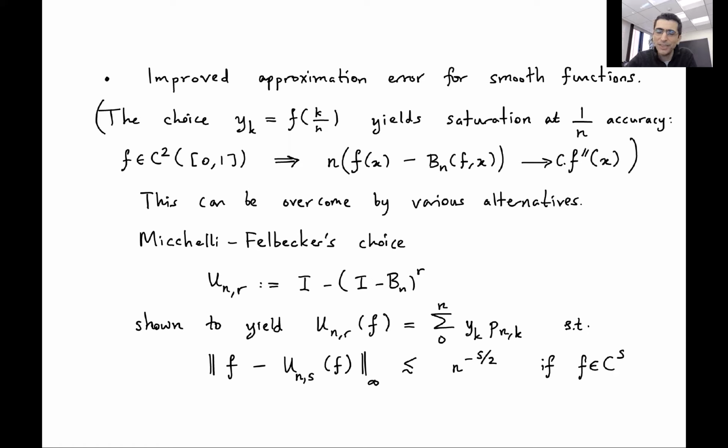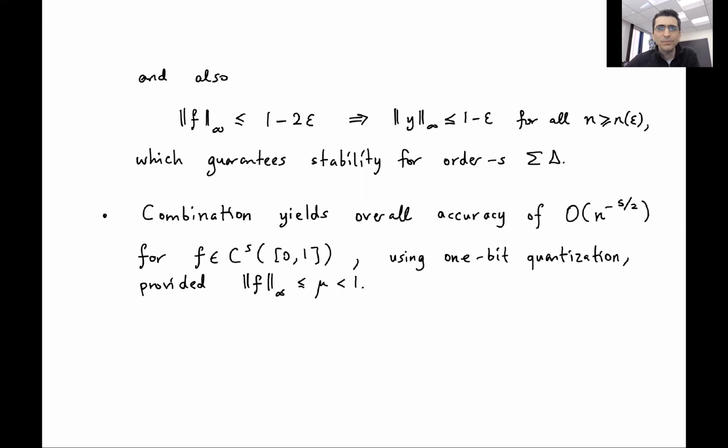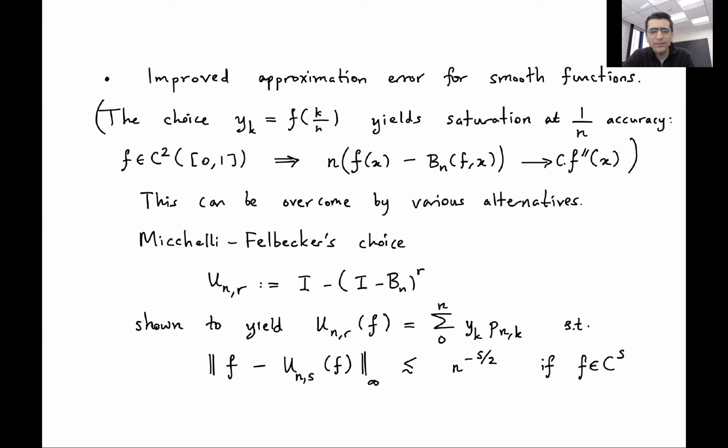So one actually needs oscillation of the basis functions to fully take advantage of the smoothness. Okay, so what we are able to do with Micchelli and Felbecker's result is that, one thing that we need is that for the alternate kind of approximations, we still need the coefficients to be well controlled.